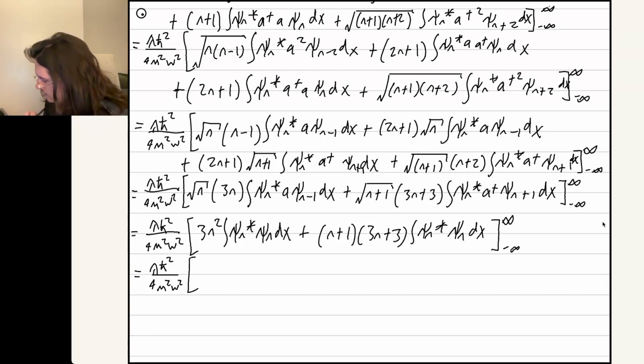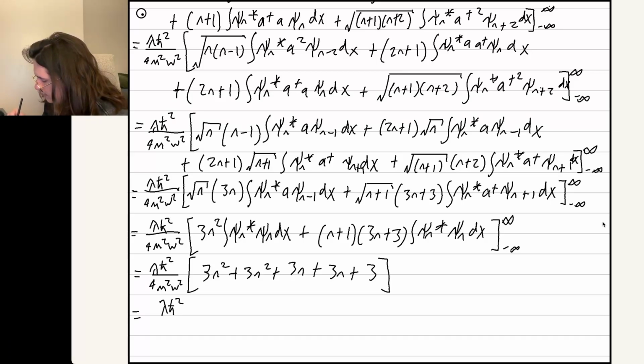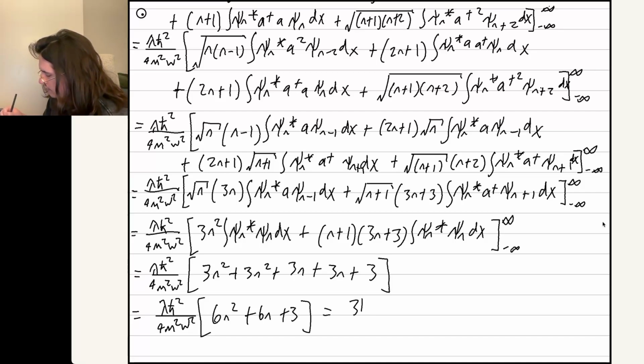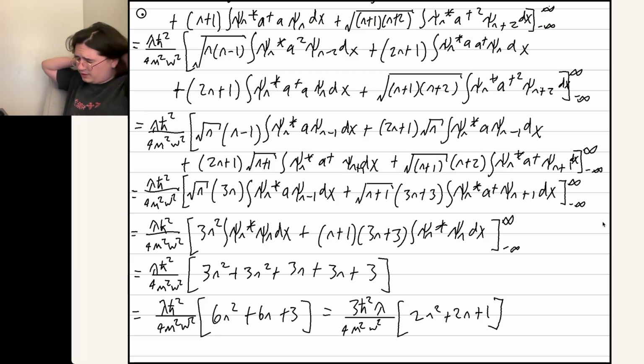So we'll have 3n squared plus another 3n squared plus 3n plus another 3n plus 3, which will add up like h bar squared lambda over 4m squared omega squared, 6n squared plus 6n plus 3, and we can factor out a 3 to have 3h bar squared lambda over 4m squared omega squared, 2n squared plus 2n plus 1, which is what Shankar was trying to get us towards anyway.